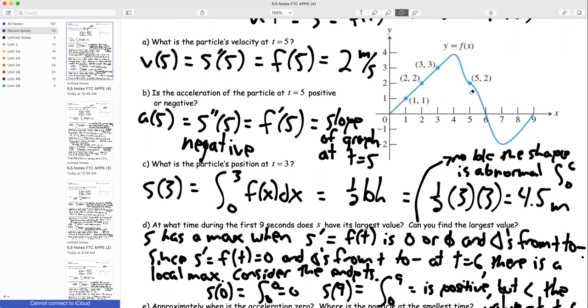So from 0 to 6, f of t is positive because my graph is above the x-axis. Does that make sense? Remember, to find the velocity at 5, we're just looking at the graph, and it was 2 here because it's above the x-axis. The acceleration, on the other hand, was the slope.